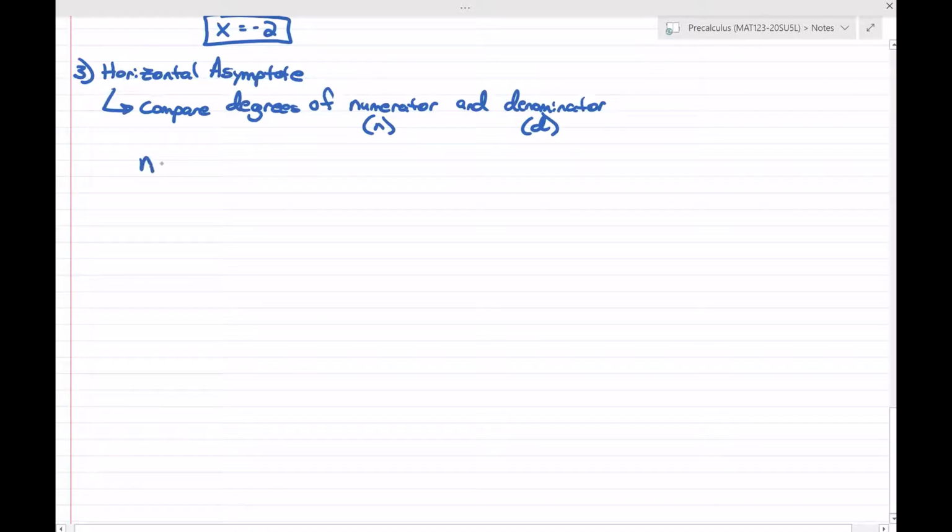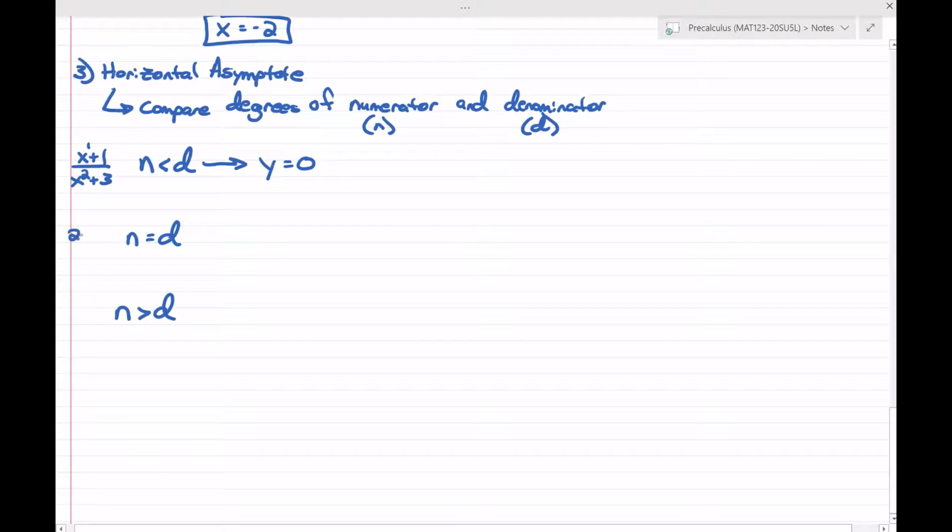One, the top power could be smaller. The top power could be equal to the bottom. And the third option is the top power could be bigger than the bottom. So if the top degree is smaller than the bottom degree, like say if you had x plus 1 over x squared plus 3, you see how the top power is 1, the bottom's 2? In this case, your horizontal asymptote is just y equals 0.